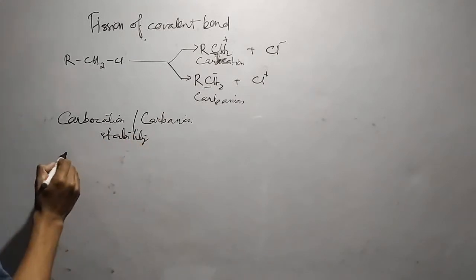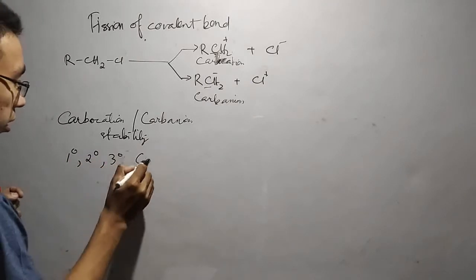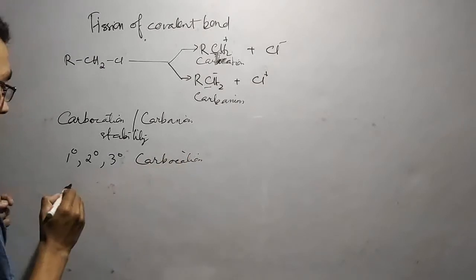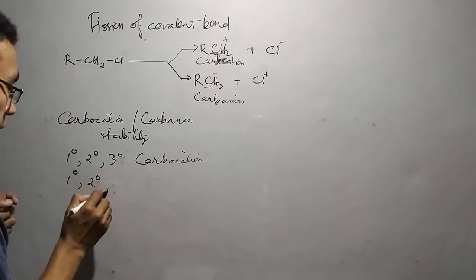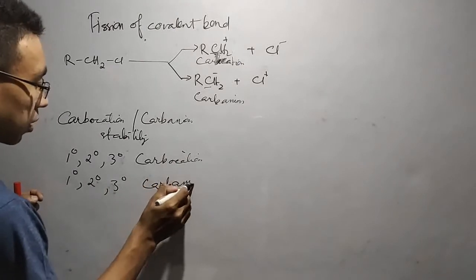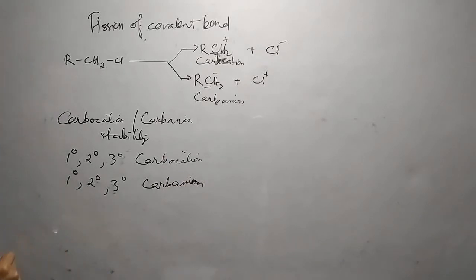So 1 degree, 2 degree and 3 degree carbocation is there. 1 degree, 2 degree and 3 degree carbanion is also there. So I want you to find out the stability in which order it is, for carbocation as well as carbanion.